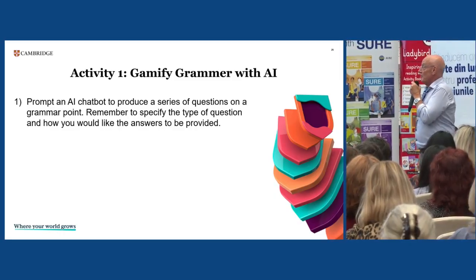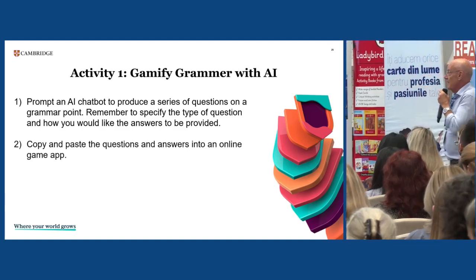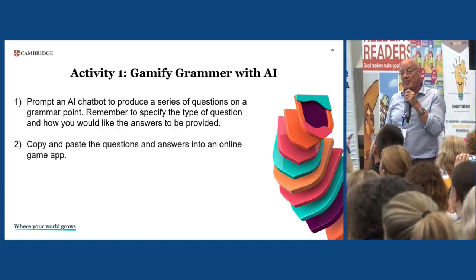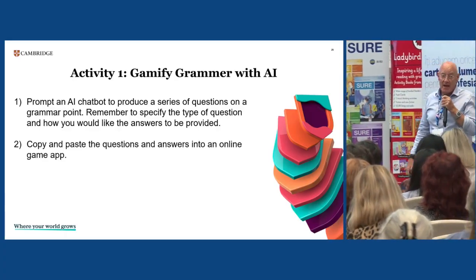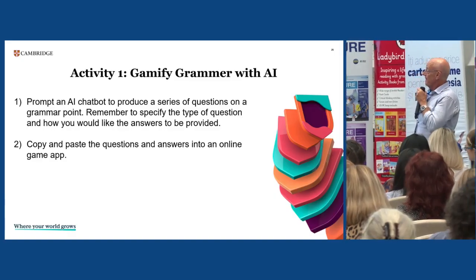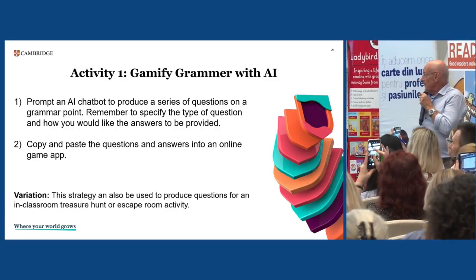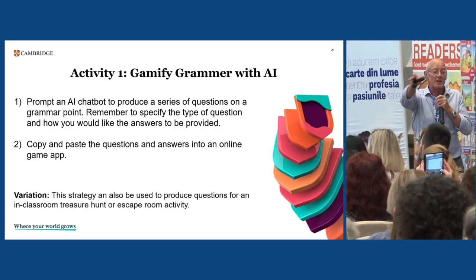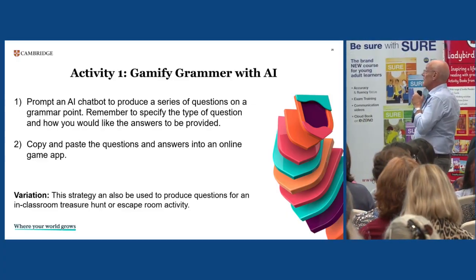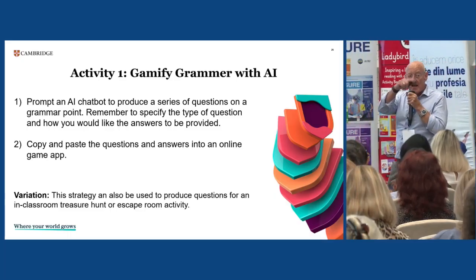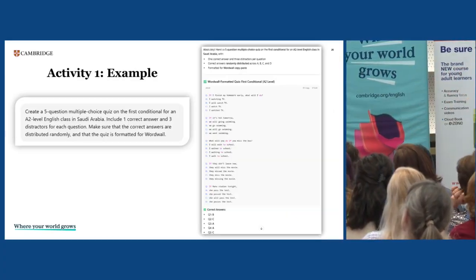Remember to specify the type of question and how you would like the answers to be provided. Then you can copy and paste the Q&As into an online game app, and I'll show you an example in just a minute. You can use this in classroom activities which involve moving around, physical activity, treasure hunt, for example. I think it was Anne again talking this morning about multiple choice options with distractors.